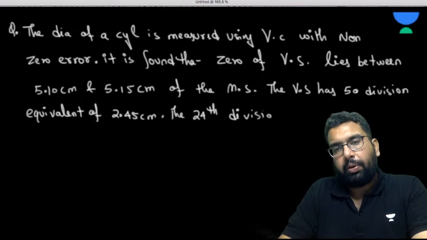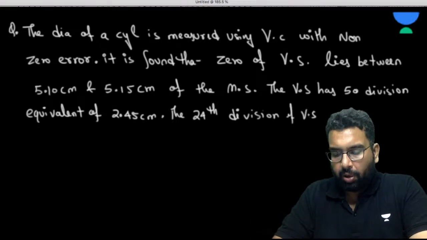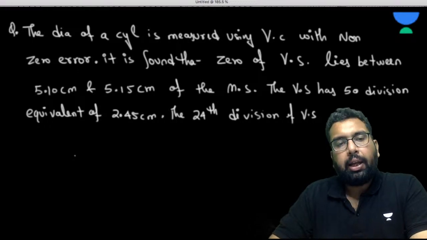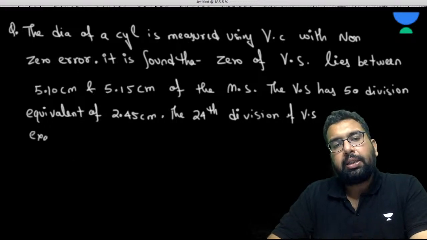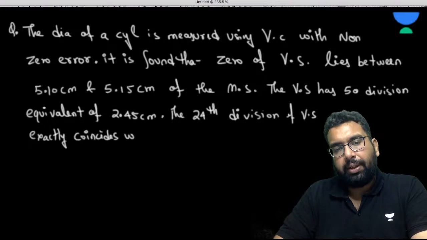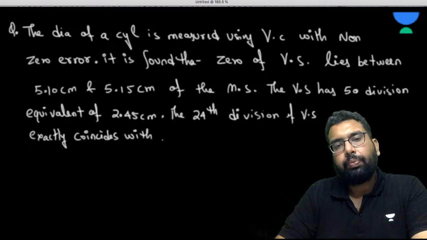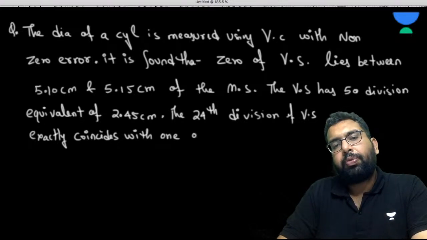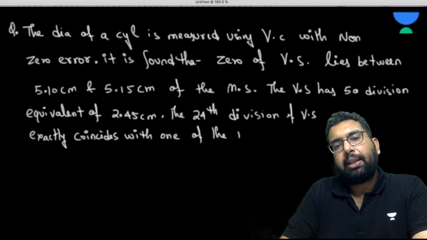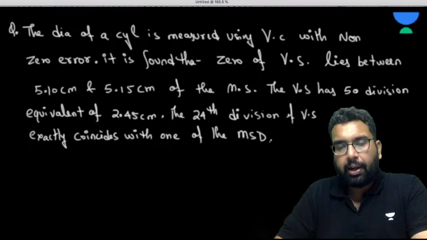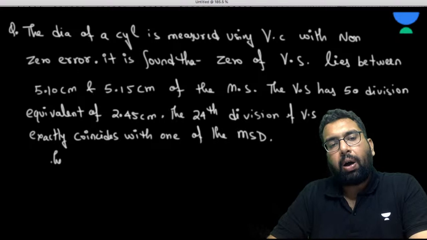The 24th division of the Vernier scale exactly coincides with one of the main scale divisions.